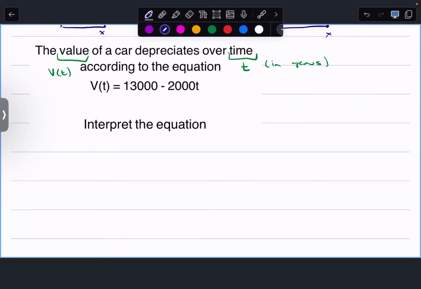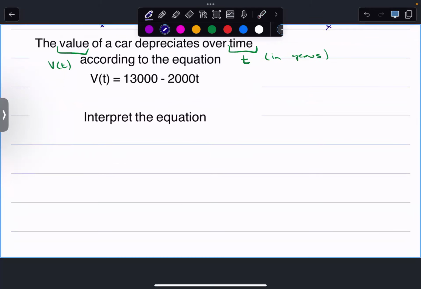And so our interpretation is, well, how deep do we want to go? The initial value of the car is 13,000. And then the slope is negative 2,000.